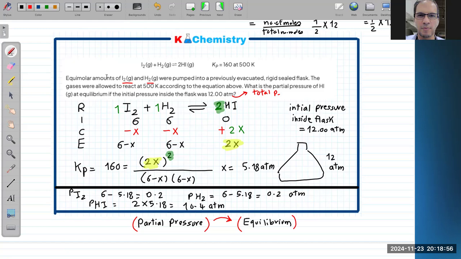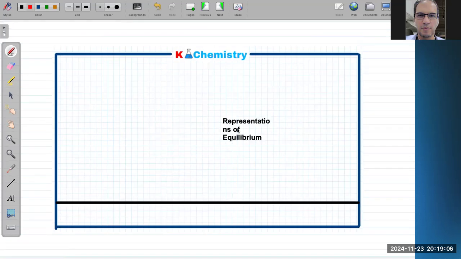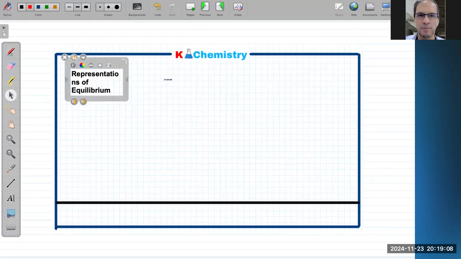Okay, this is the last part of the topic: the representation of equilibrium by drawing. We have taken the representation of particles, but that was not in equilibrium, that was just normal reactions.